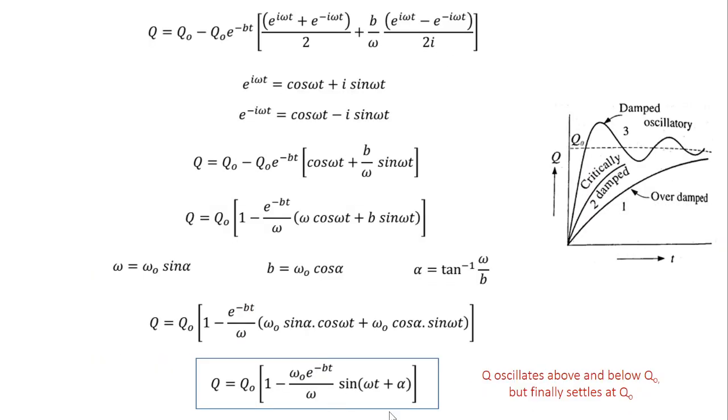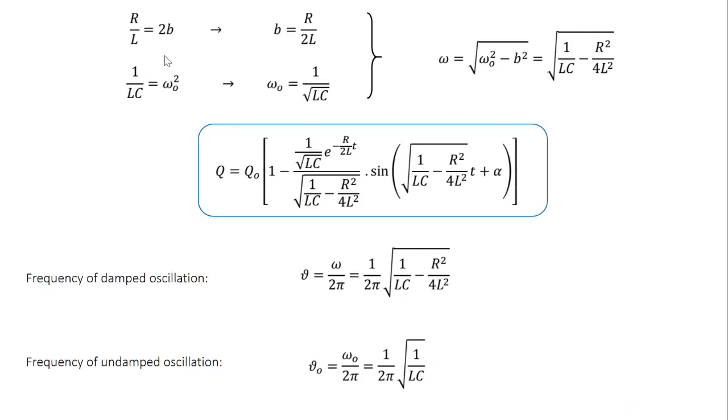Now, even though we have a nice equation here, if you look at our original circuit, the only known parameters are resistance R, inductance L, and capacitance C. But in this equation, we have some other constants B, alpha, omega, etc. So we are going to rewrite this equation in terms of the known parameters R, L and C. Remember our substitution, we have initially substituted R by L equal to 2B.